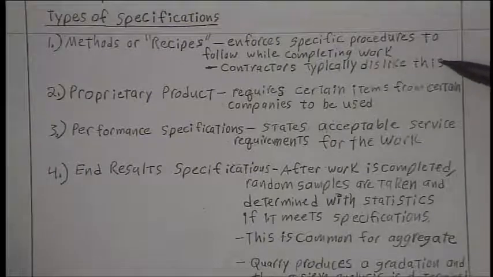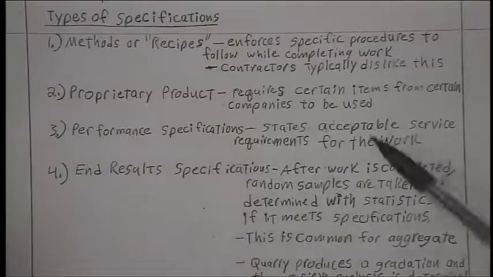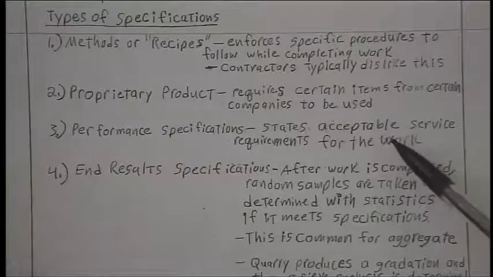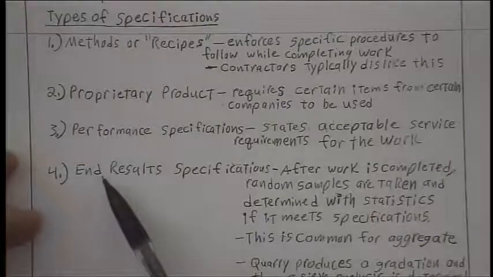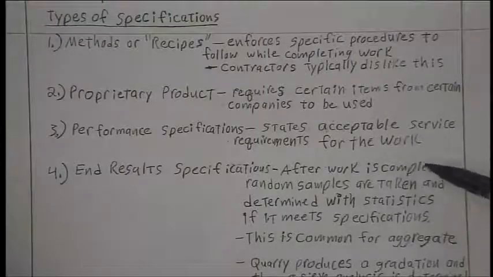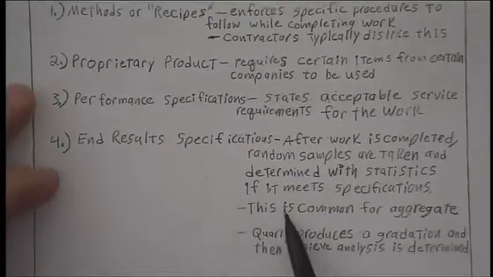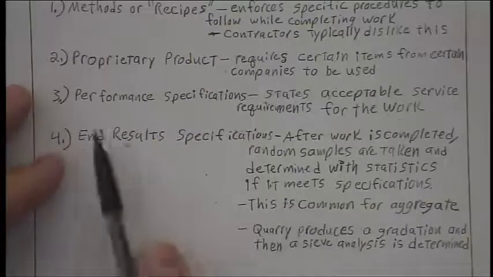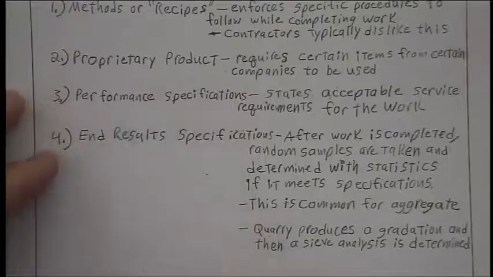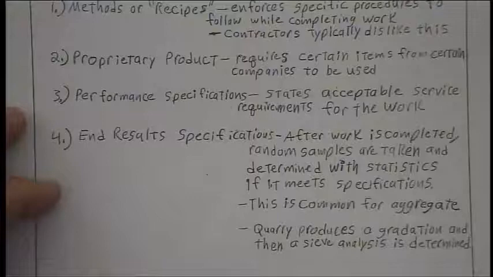They want a performance specification, which states whether acceptable work was actually done, or an end result specification, where the work is completed and then random samples are taken and determined if it meets the specification. This is typically what's done for aggregates in general, either an end result or a performance specification.